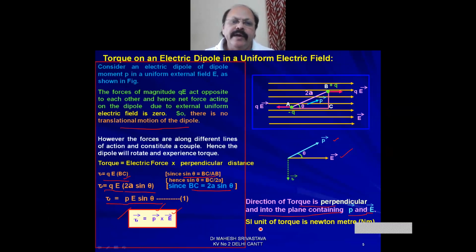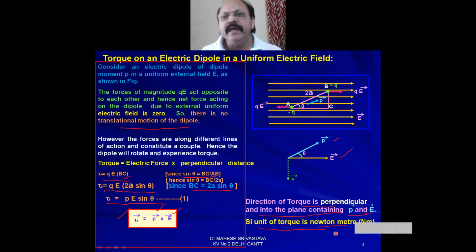You can also find the SI unit of torque, that is Newton meter, which you have also studied in class 11th. So this is about torque acting on an electric dipole in a uniform electric field.